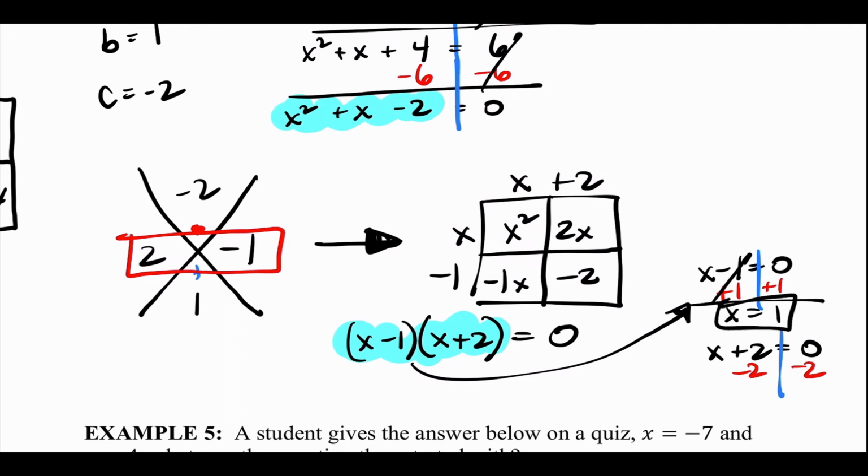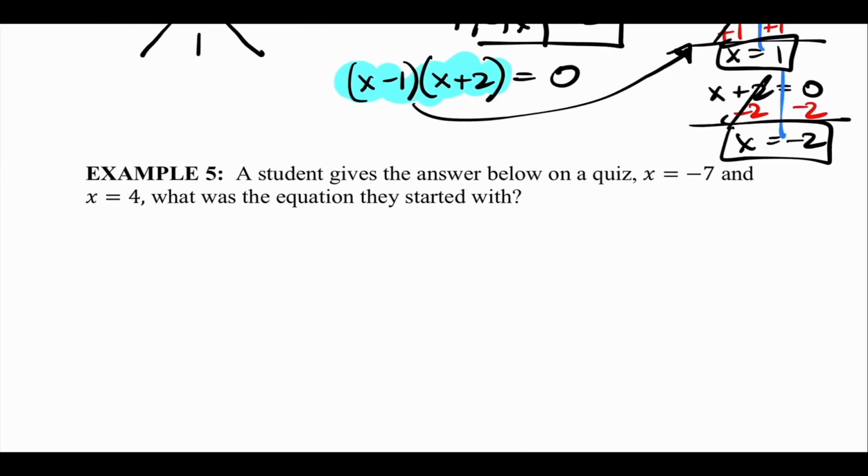Subtract 2 from both sides. I get 2 answers. On Delta Math, you need 2 boxes. One of them would be 1, and one of them would be negative 2. On Delta Math, you don't have to put the x equals. Those are your 2 solutions, your 2 x-intercepts, your 2 roots, your 2 zeros. Okay. All right, so number 5. I kind of turned it on its head.